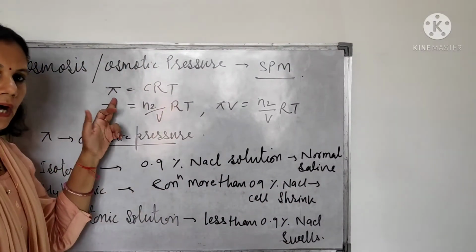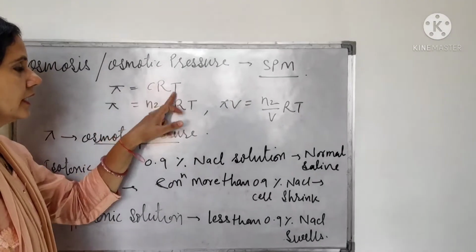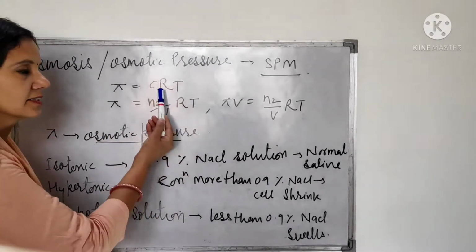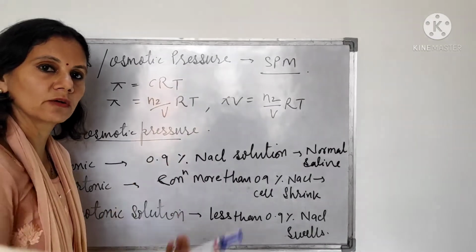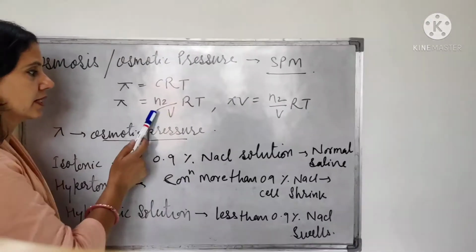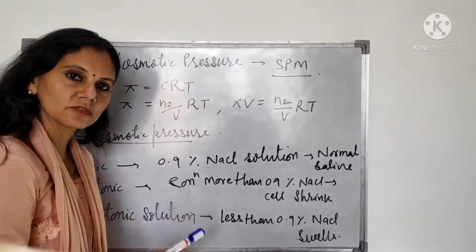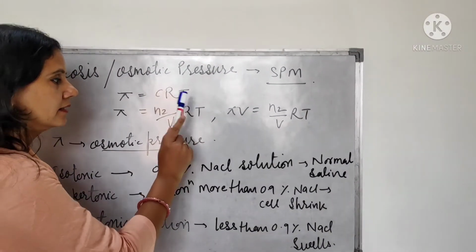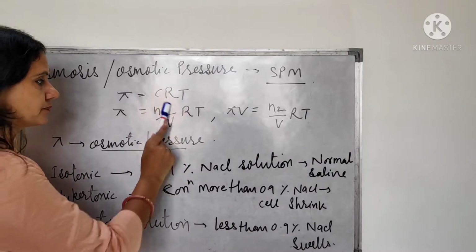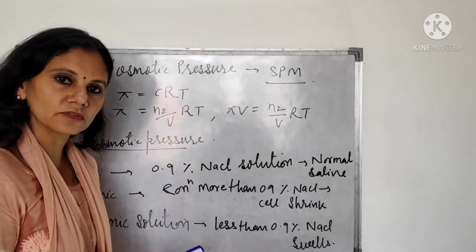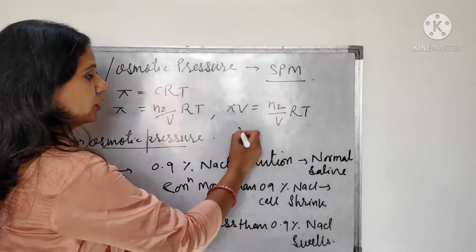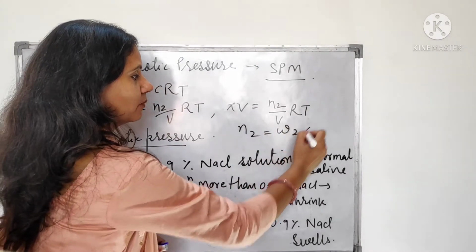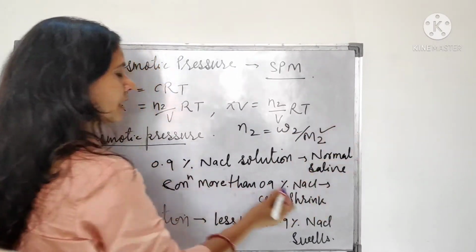Osmotic pressure is denoted by pi. It is equal to CRT. C is the concentration, R is the gas constant, and T is the particular temperature. So C can be written as, related to the moles of solute particles, N2 upon V, so pi equals N2 upon V times RT. N2 is the moles of solute particles. N2 can be written as W2 upon M2 also.